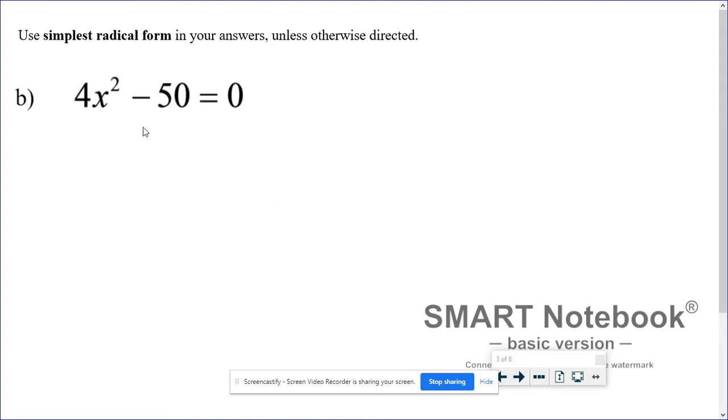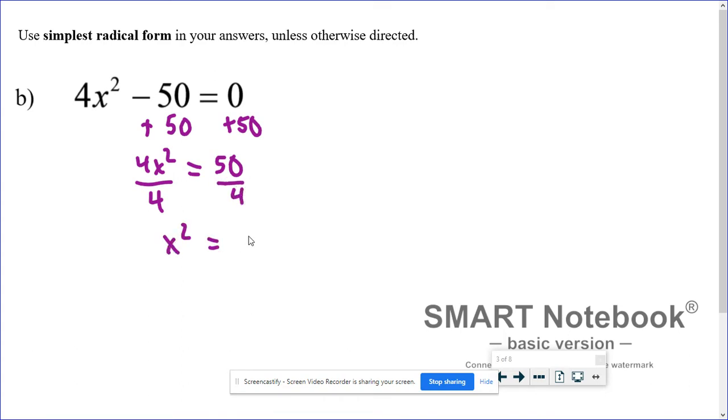We're going to add 50 to both sides. We're going to divide both sides by 4. We're going to get x squared is equal to 50/4.